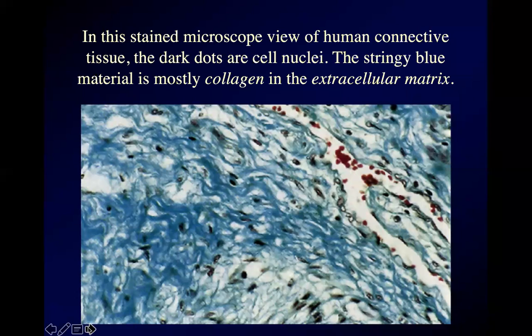Those are the nuclei of cells, but they're surrounded by this stringy blue stuff that looks a little bit like cotton candy. That stringy blue stuff that makes up most of what you can see on this slide is extracellular matrix. It's what locks all of those cells together. And it happens to be a very springy type of protein, a protein called collagen.